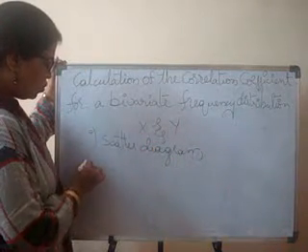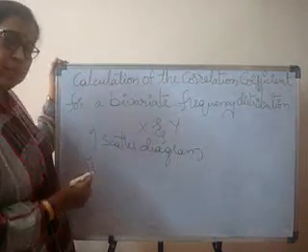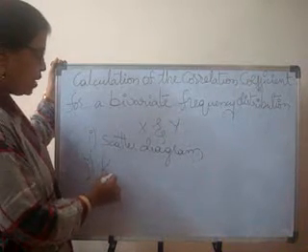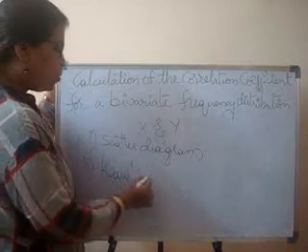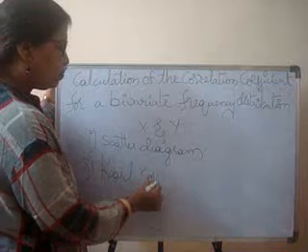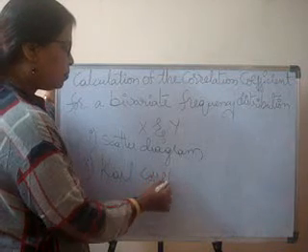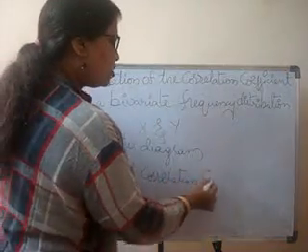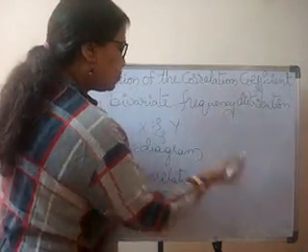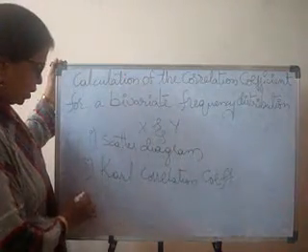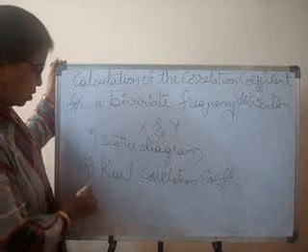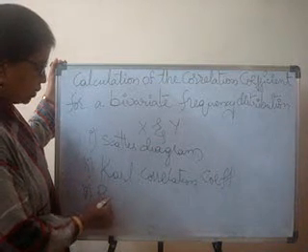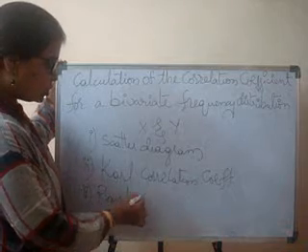Second, to find correlation coefficient between the two variables x and y, Karl-Pearson's correlation coefficient. The third one, if the data is qualitative, we have seen rank correlation coefficient.